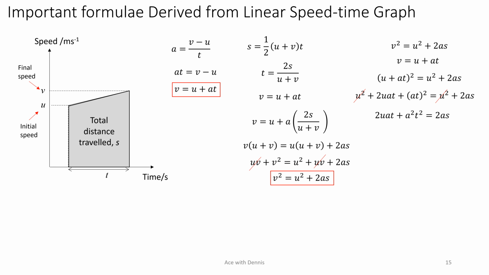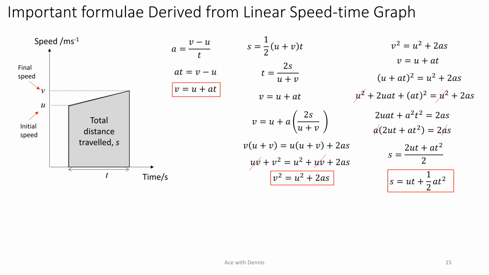Then we can cancel the u squared, and we take out the a: a(2u plus at squared) equals 2as. And now we can cancel the a. So the s becomes (2ut plus at squared) over 2, or s equals ut plus half at squared.